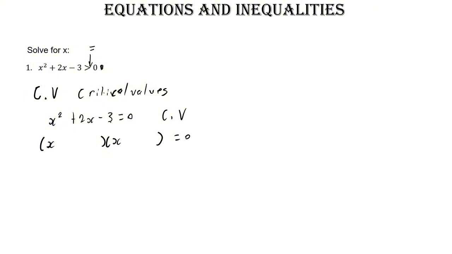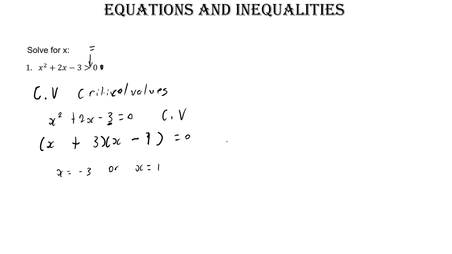Remember, since we're going to take the factors of 3, and since we have a 2 in the middle, the bigger one is going to get a positive, and the smaller one is going to get a negative, because 3 minus 1 is equals to 2, and 3 times negative 1 will give me negative 3. So x is equals to negative 3, or x is equals to 1.